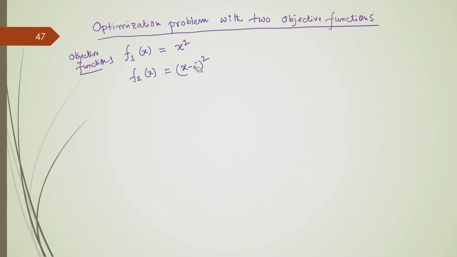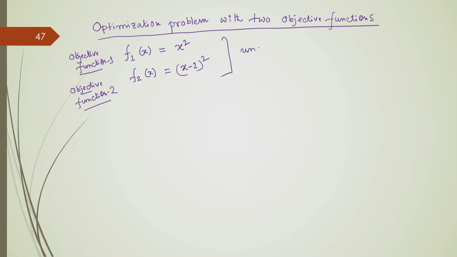So, let us consider it as (x minus 2) square instead of (x minus 5) square. This one is our objective function 2.